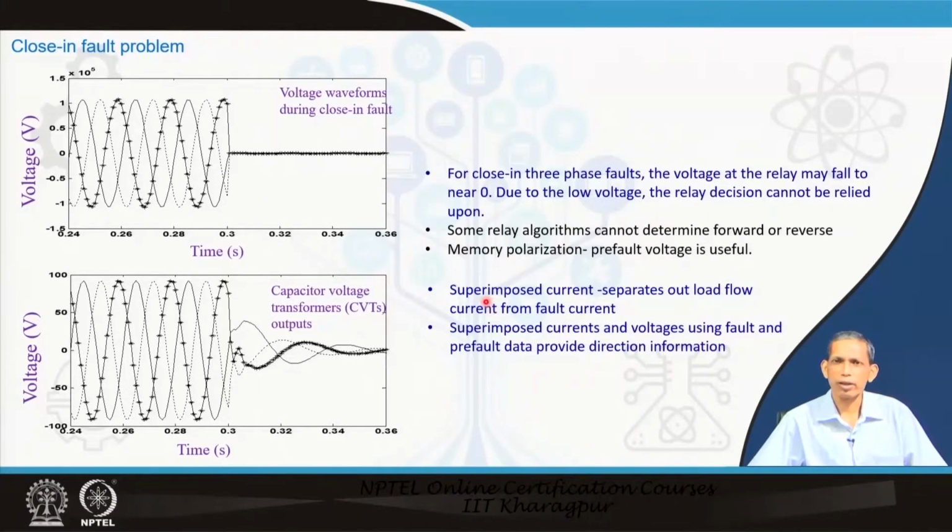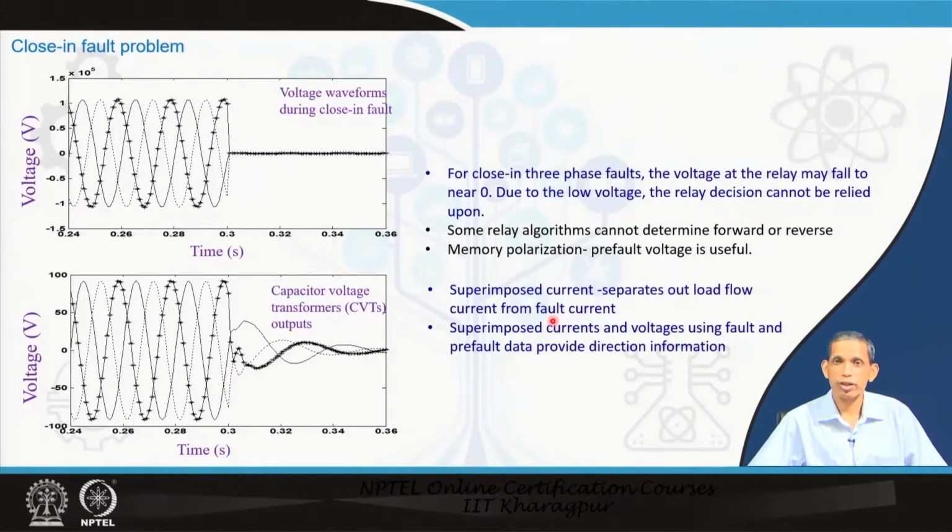In addition, because we are able to handle pre-fault voltages and currents on a numerical platform, the superimposed current, as we consider it, separates the load flow current from the fault current.